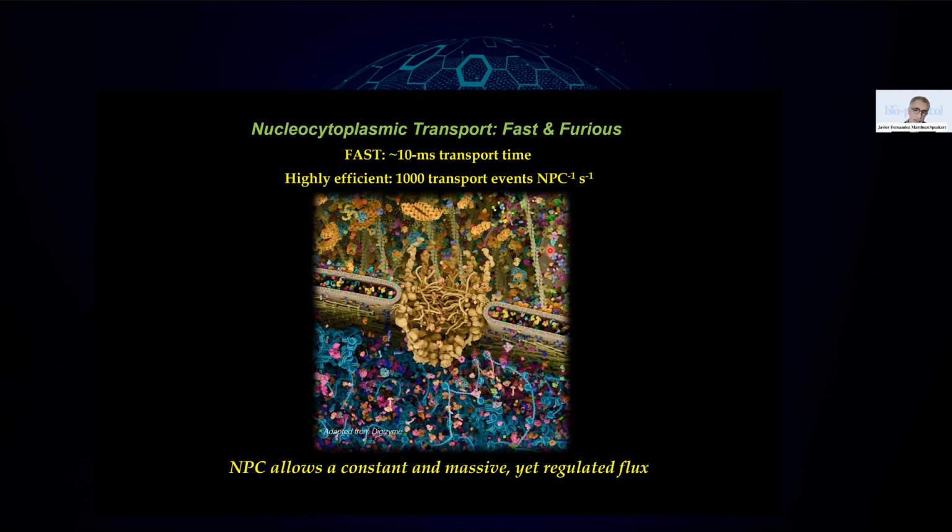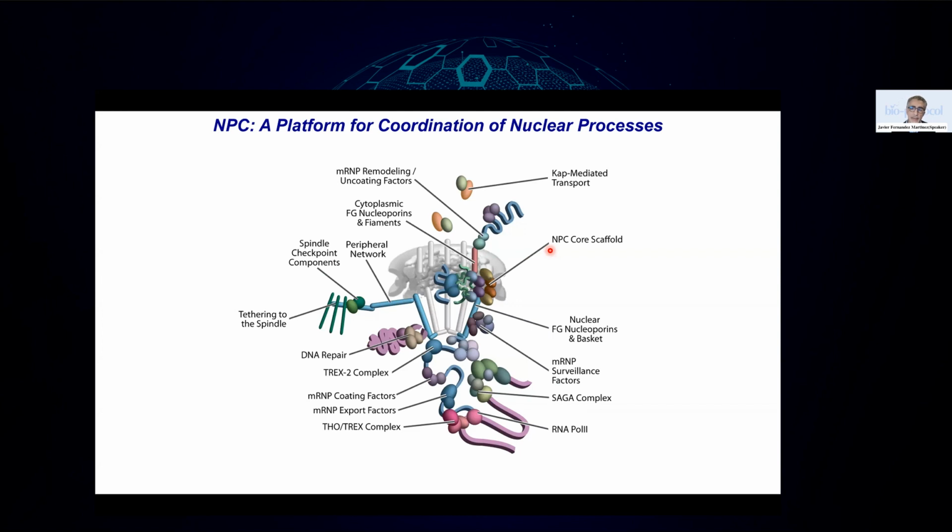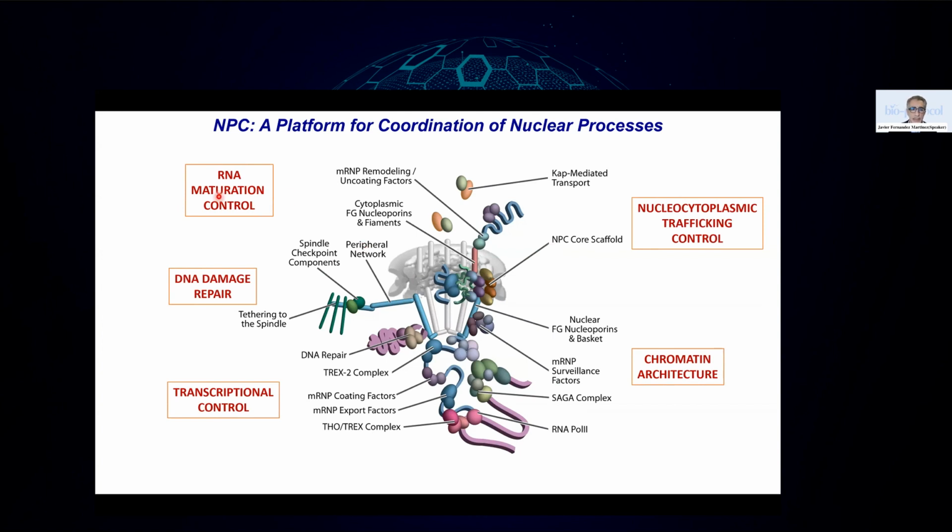But apart from its main role as mediator of transport in the nucleus, the NPC is also a key regulatory platform for many essential nuclear processes, like, for example, RNA maturation and quality control, DNA damage repair, transcriptional control, chromatin architecture, many different aspects of nuclear biology.